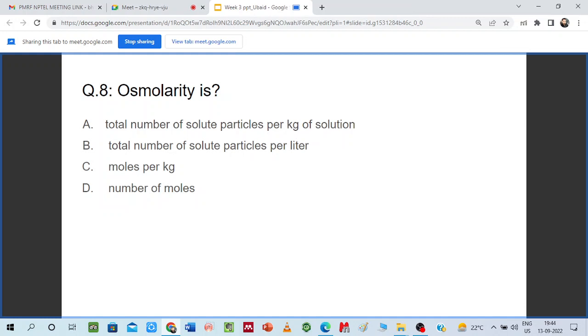So osmolarity is the total number of solute particles per liter. So can anyone tell me what is osmolality?